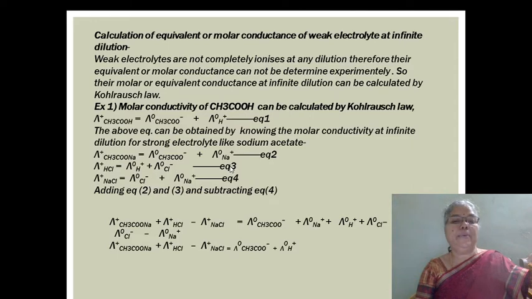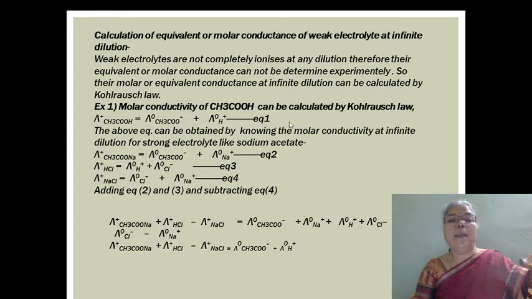Let it be our equation number 3, and adding equation number 2 and 3 and subtracting equation number 4. Here we have added equation number 2 and 3 and subtracted equation number 4. We get lambda 0 of CH3COO minus plus lambda 0 of H plus, and this is the lambda 0 of acetic acid.